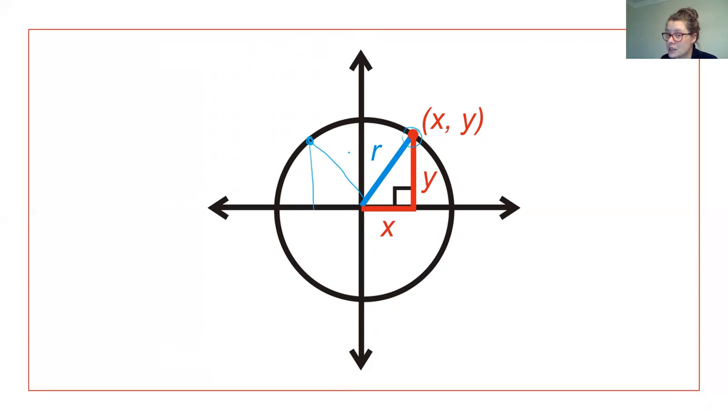The only difference is that on this side their X's and Y's will be the same, but this one's going to have a negative X value instead of a positive X value, because if this angle matches this angle, they are the same triangle.